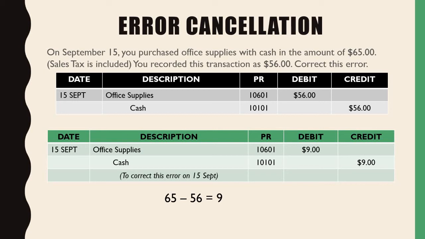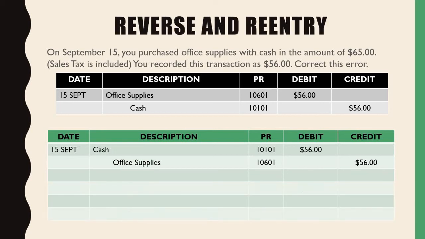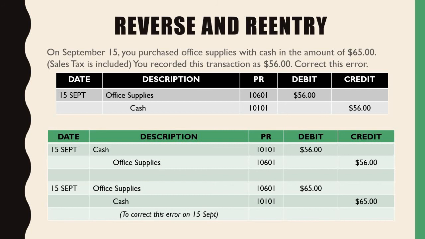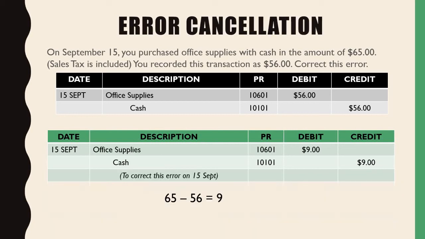But the best and more common one is the reverse and re-entry, because with this one, at least you can see your mistake, you can see that you're reversing it, and you can see that you're re-entering it in the correct amount. With error cancellation, you may look at this and potentially make another mistake by doing the wrong transaction.